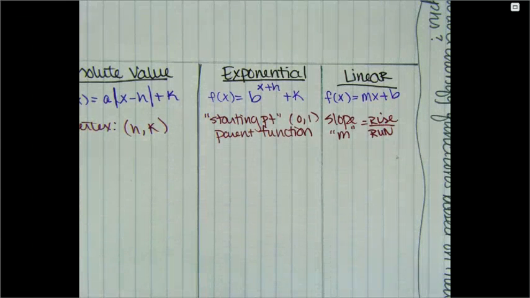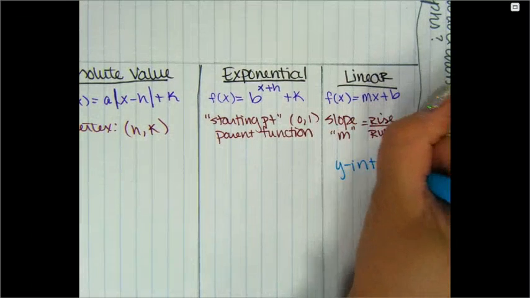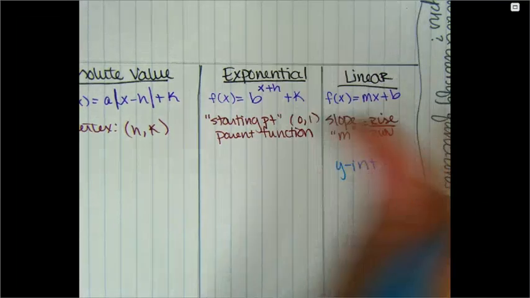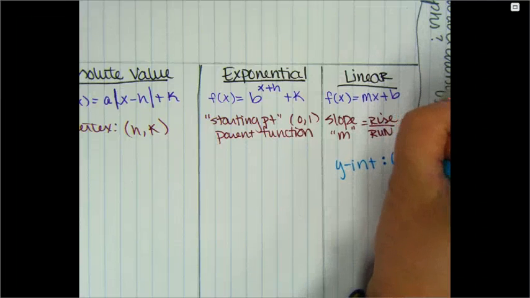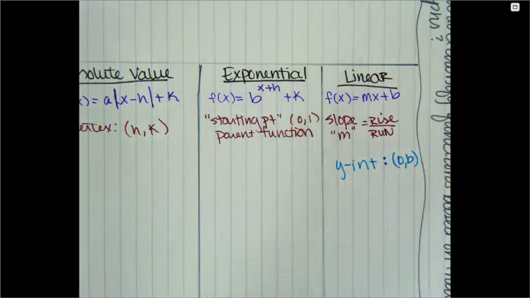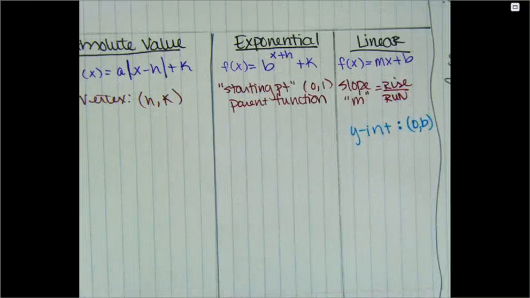What else does it have? The y-intercept. How do you find the y-intercept? How do you get b? You just have b, but how do you write that as an ordered pair? (0, b). (0, b).